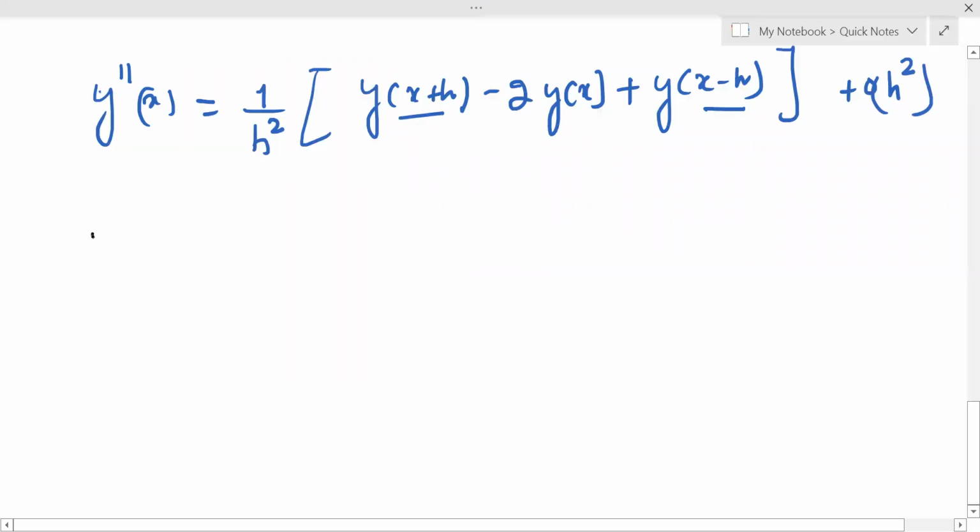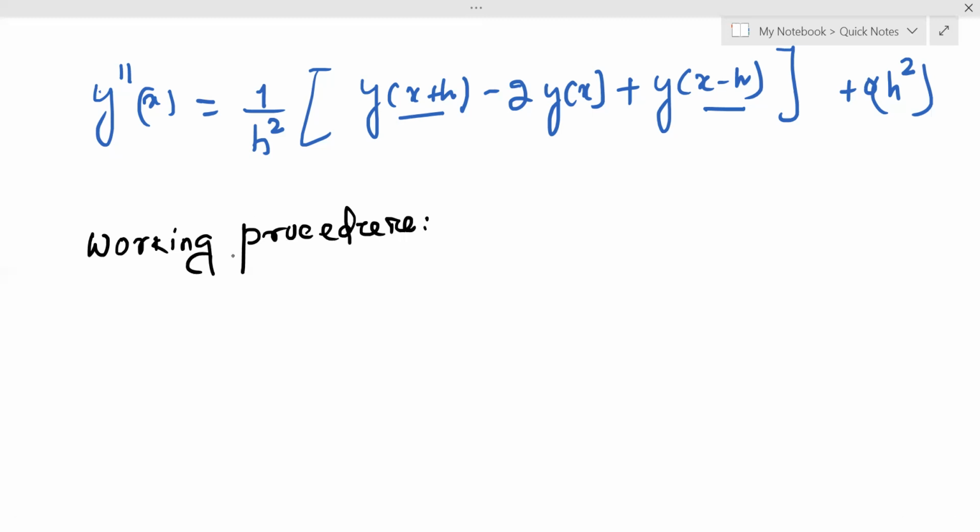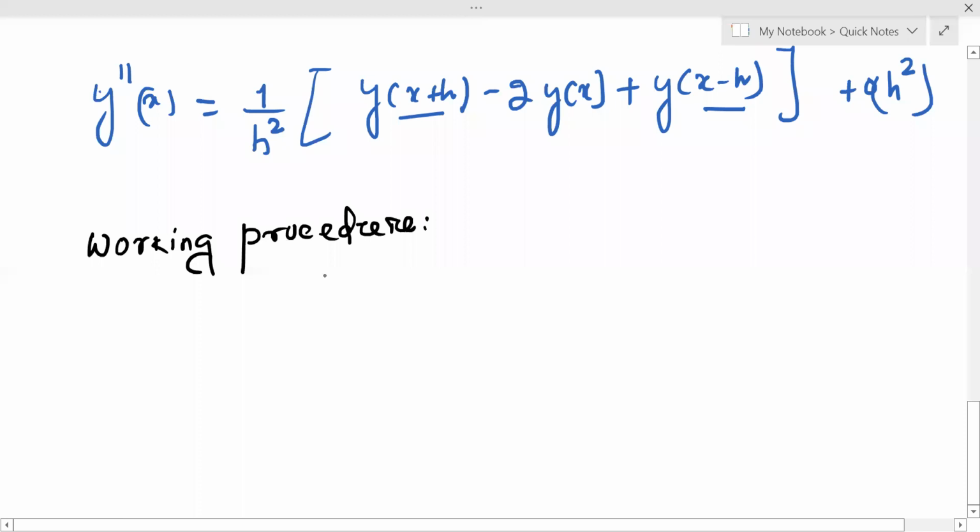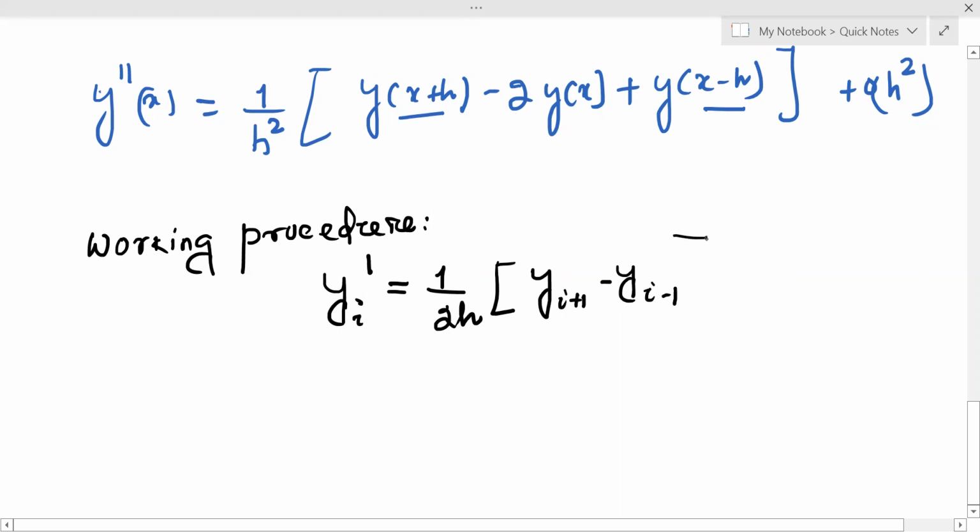Let us look at the working procedure. We write the working procedure: y_i' is equal to 1 by 2h times y_(i+1) minus y_(i-1). This is the central difference procedure.